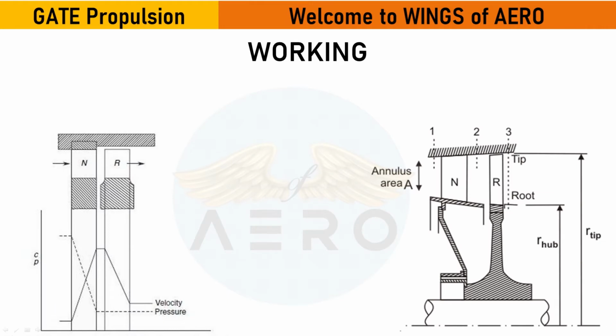Okay, now let's look into the working principle. Okay, so already we have said this turbine consists of the nozzle, or we can say the stator. So this 1 2 3 represents when the flow from the combustion chamber enters into the turbine.